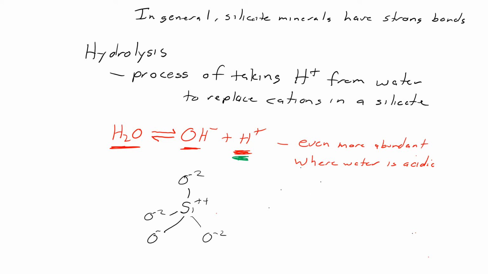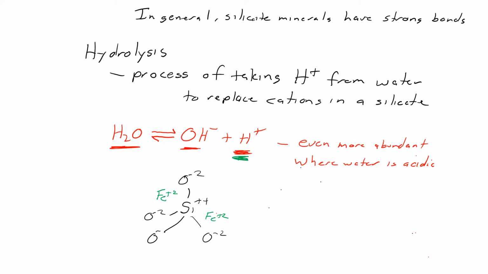Okay. Now let's make an olivine molecule. So let's put in an iron here, Fe+2, and let's put in an iron here, Fe+2. Okay, so there is our nice little green sand-like mineral of olivine.